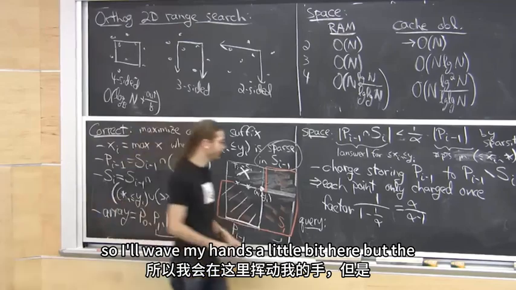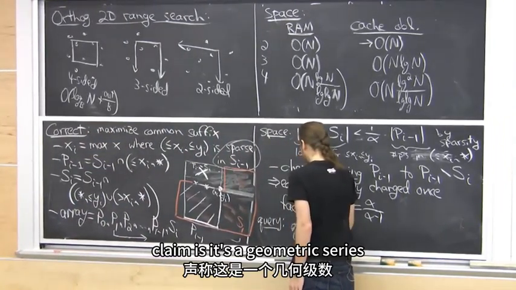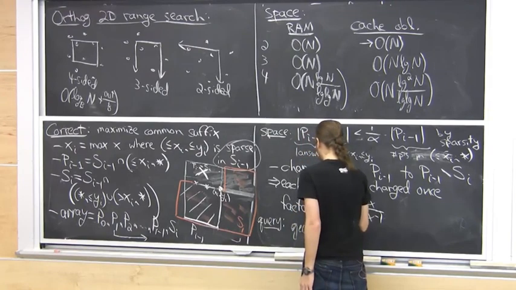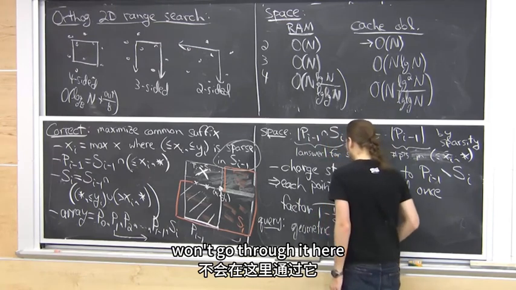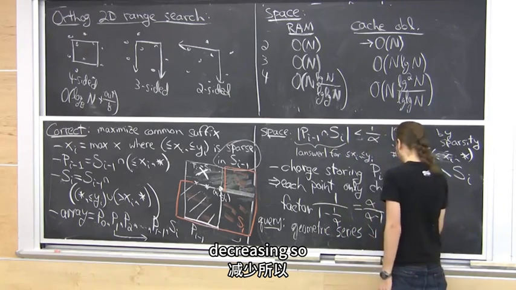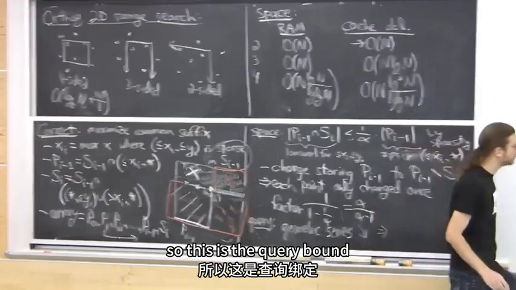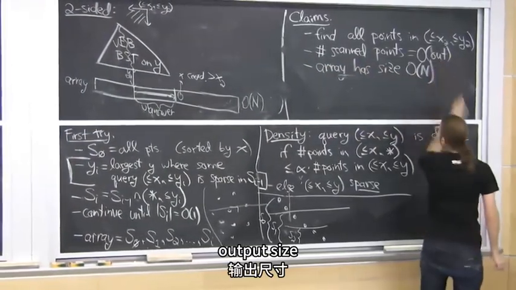So I'll wave my hands a little bit here, but the claim is it's a geometric series. This needs a formal proof, but I won't go through it here. Decreasing, so this is the query bound. The number of scanned points is order output size.